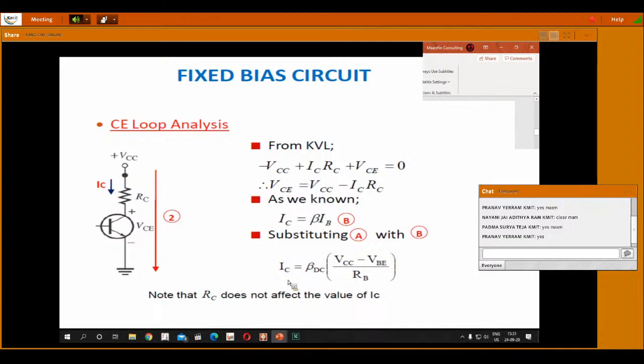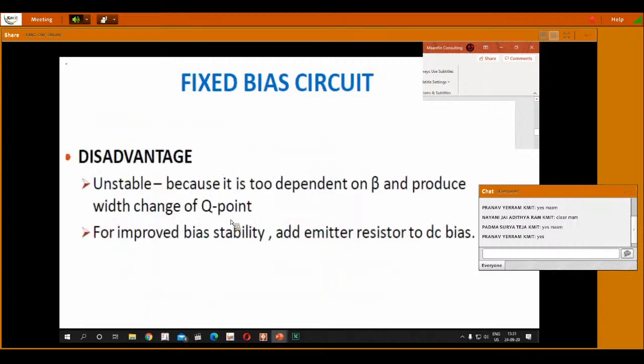So by choosing the values of your beta DC and RB with a fixed resistor value, as well as VCC, we can obtain a perfect quiescent point on the DC load line. So with that we could get faithful amplification.